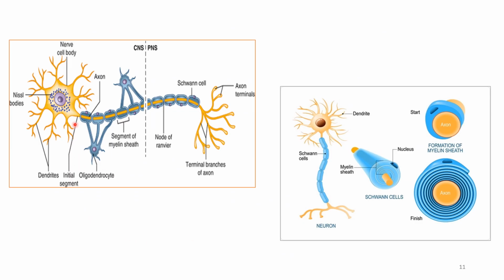You can see here, this is the central nervous system neuron. This is the peripheral nervous system neuron. Here, this myelin sheath is formed by oligodendrocyte. Here in the PNS, many Schwann cells will form myelin sheath.